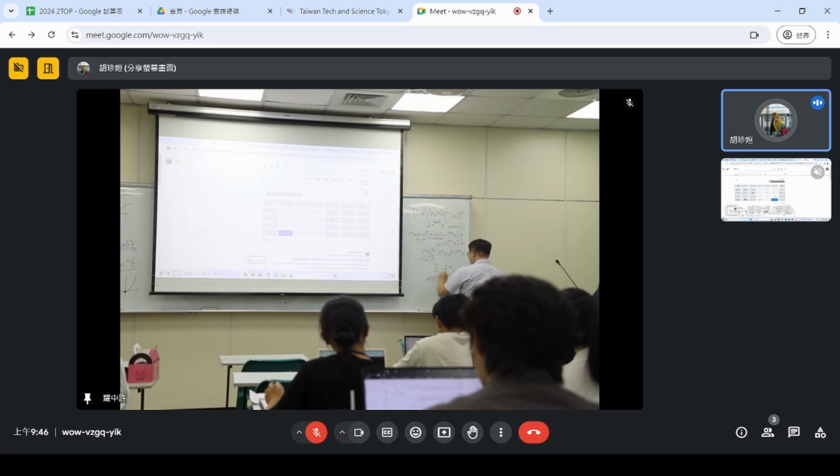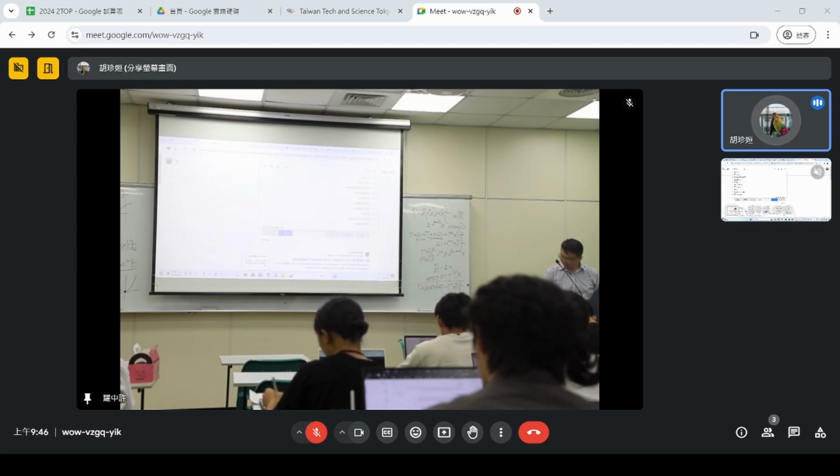So f prime is this equation: 12 times negative 0.5833 plus 7. Oh, there's a negative sign here. Use a calculator. It's something very small, 0.0004. F double prime is the same, which is 12.